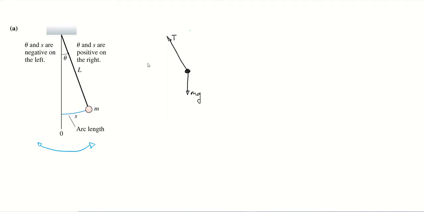And we're going to pick a coordinate system to describe this in. Our standard coordinate system, because this is essentially moving in a circular path, would be the r, t, z one. So we have an r direction and a tangential direction like this. If we look at Newton's second law, we can analyze this in that coordinate system, and we get F net is equal to mass times acceleration.